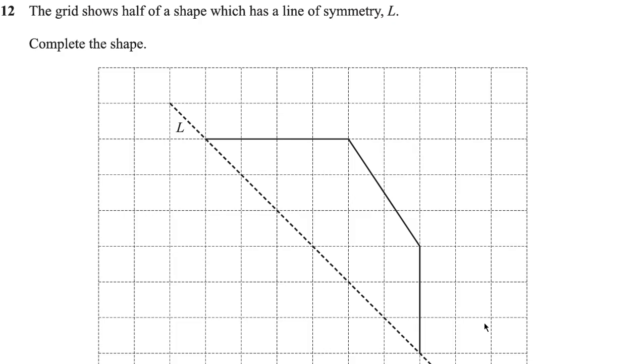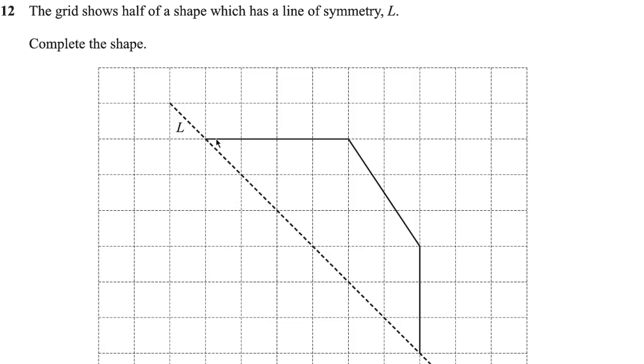Okay, the 12th question says the grid shows half of a shape which has a line of symmetry L. Complete the shape. First of all, you should understand the meaning of the term line of symmetry. It divides the shape into two identical halves, so it's going to be a reflection of the other part.